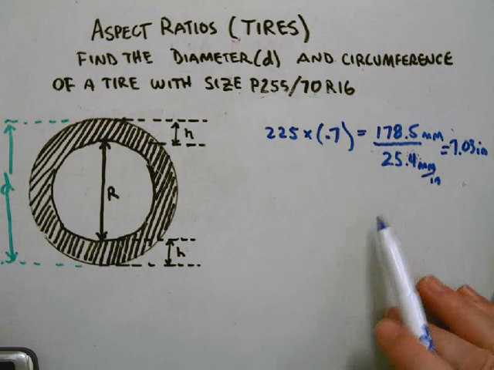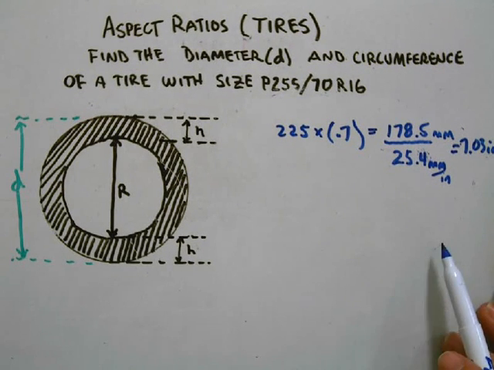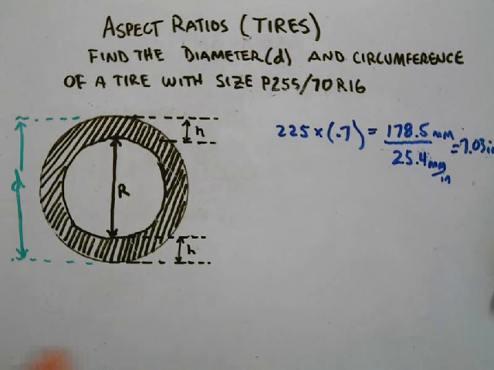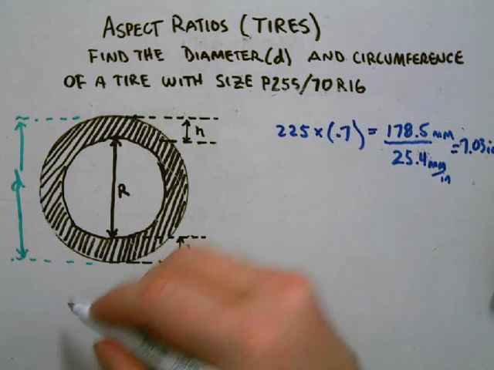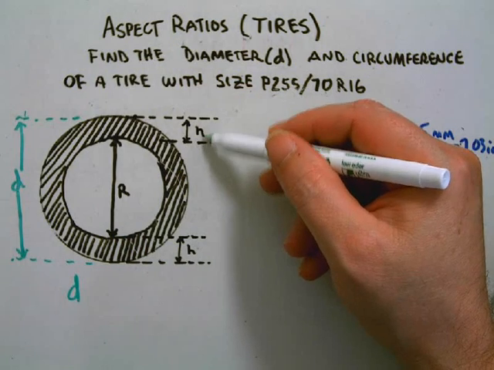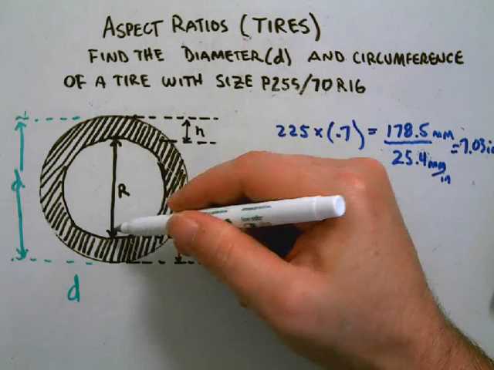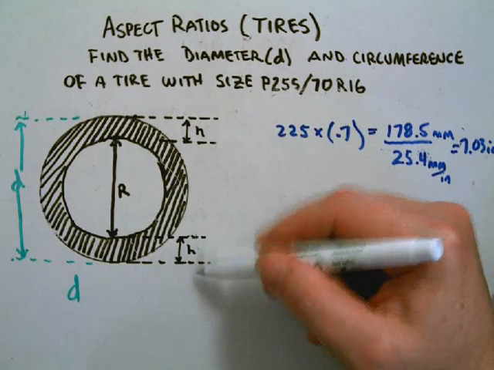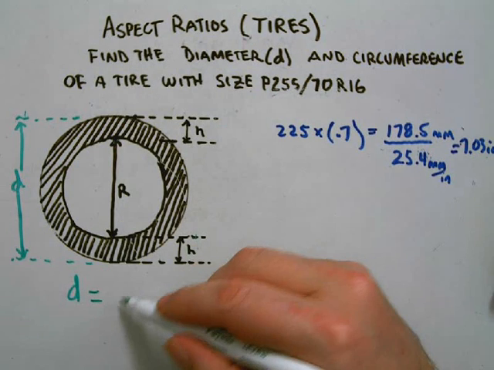Okay? Now, the diameter over here actually comes as a formula. It's really this entire height, which is this small height plus the rim diameter plus the other small height. So it looks like this: the tire height times 2 plus the rim.